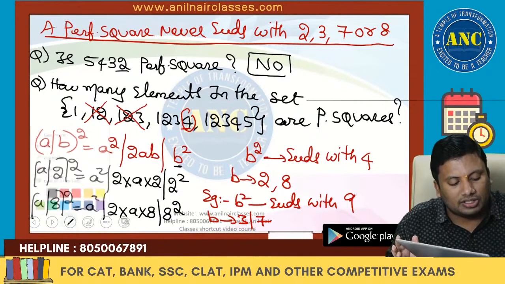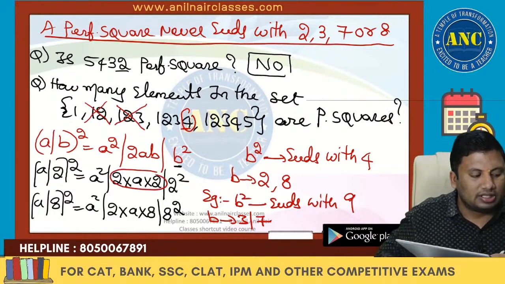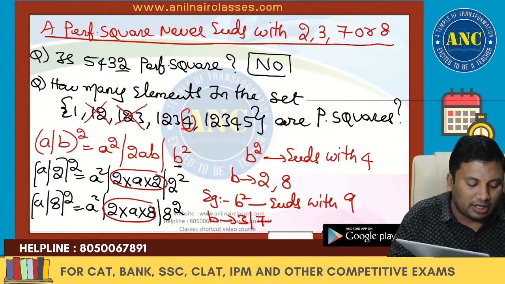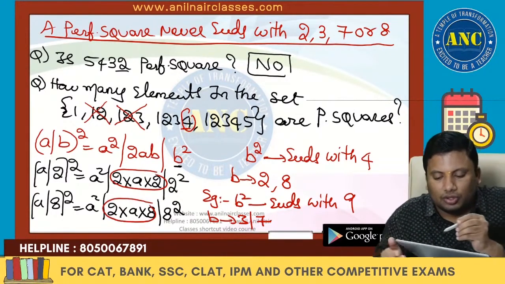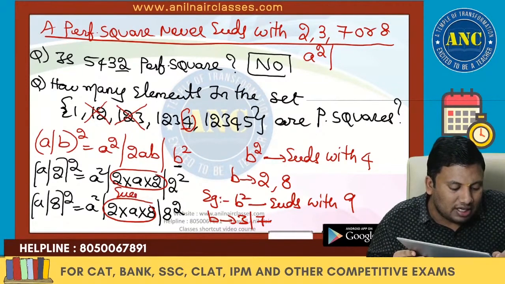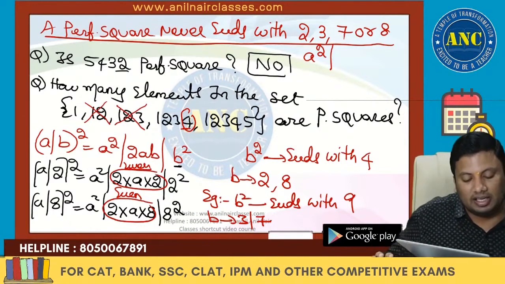Any number multiplied by 2 is nothing but even. So in a square plus 2ab, the tens place is even.